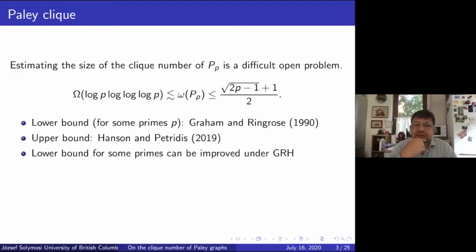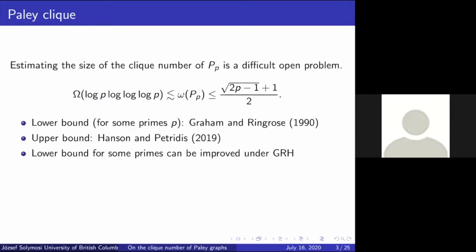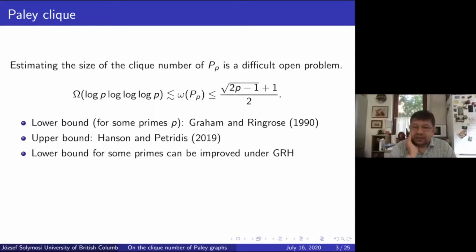One question which one can ask about the graph is: what is the clique number? As I said, it's a quasi-random graph, but still we don't really know the right magnitude of the clique number. The upper bound was improved very recently by Hanson and Petridis, and I will show a different proof for that upper bound.